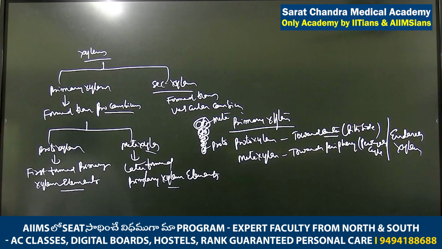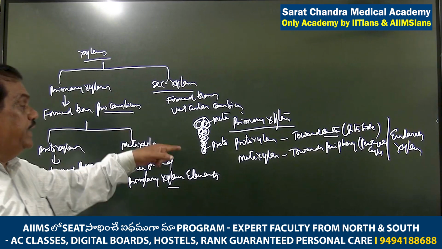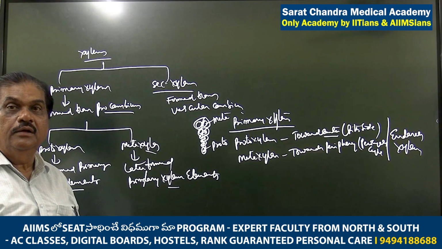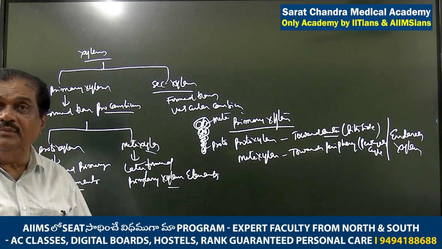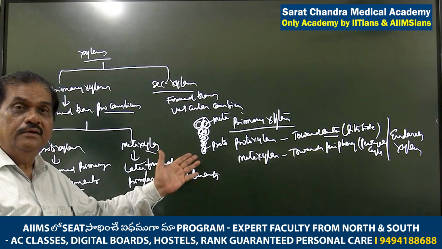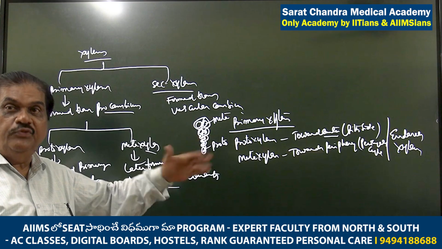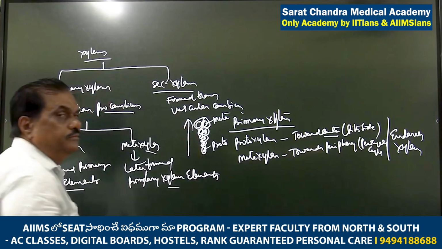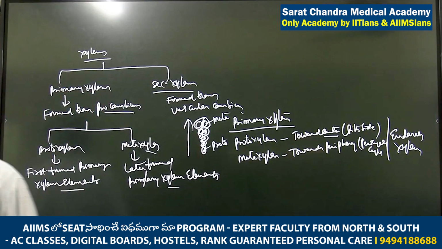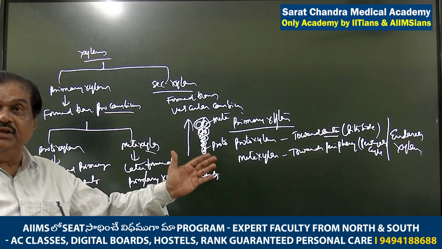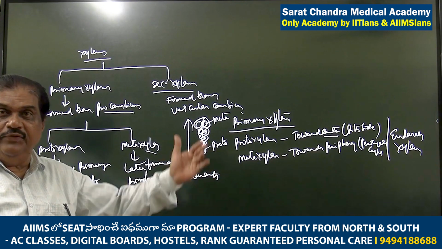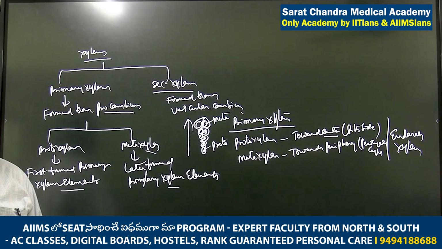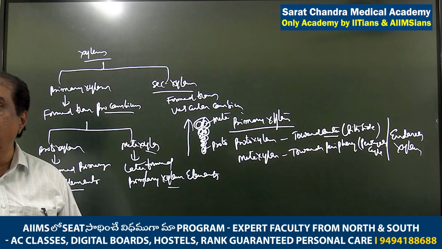How does the arrangement of endarch xylem take place? Is it formed from periphery to center or center to periphery? Which one is first formed? Protoxylem, located towards center. Metaxylem is formed later. So the arrangement takes place from center to periphery. Such kind of arrangement is called what? Centrifugal.